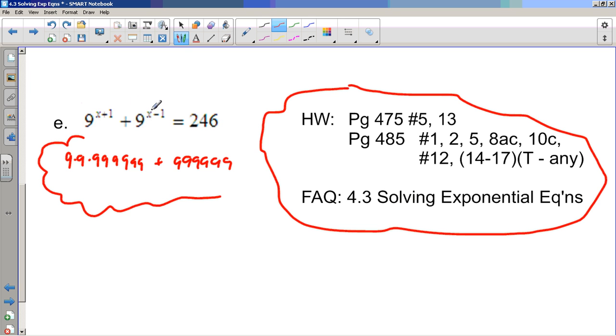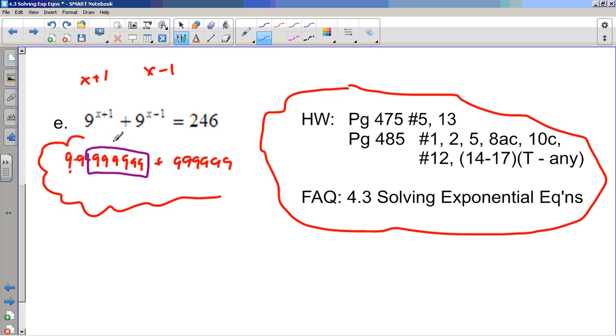Which pile of 9s is bigger? Well, this has got more 9s. In fact, it's got 2 more 9s, because if this has got x plus 1 9s, this has got x minus 1 9s. This one has got 2 fewer than that one. So essentially, if this is just a pile of 9s, I've got a common factor of a whole bunch of 9s.